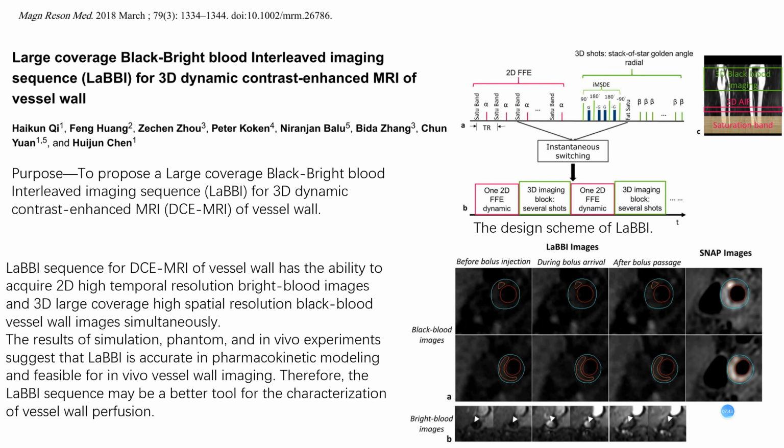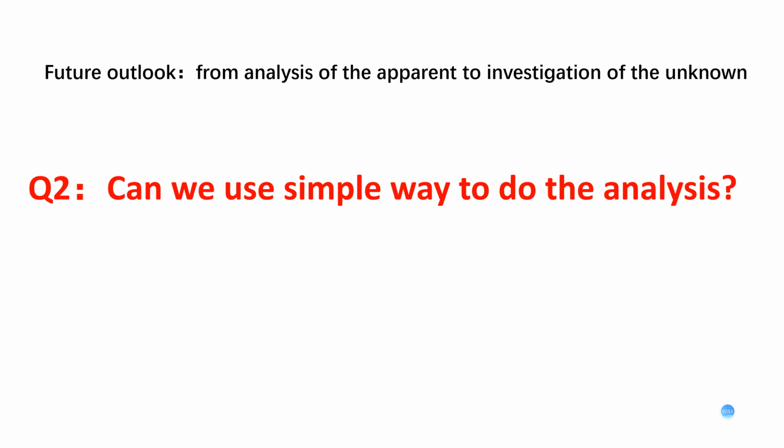Huijun's group proposed a large coverage black and bright blood interleaved imaging sequence for 3D DCE MRI of the vessel wall. Oh, so many novel sequences and techniques.